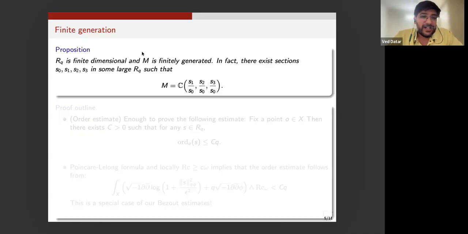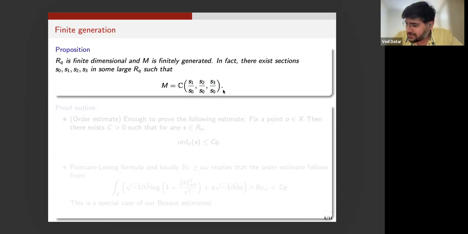But our main finite generation result says the following: firstly, we can show that these R_q's that show up are actually finite dimensional, and this function field is actually finitely generated. And in fact, we can show that there exist sections S_0 to S_3 in R_q for some large value of q, such that M is actually generated by polynomials in these variables.